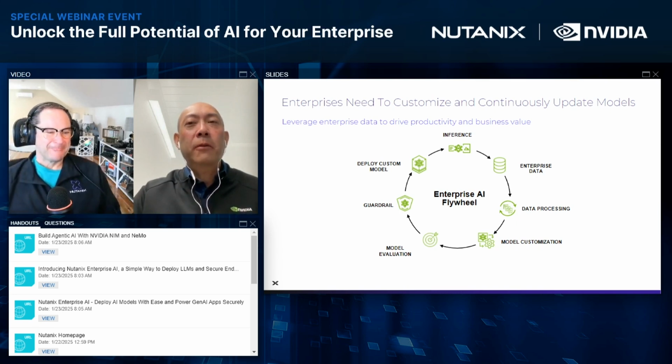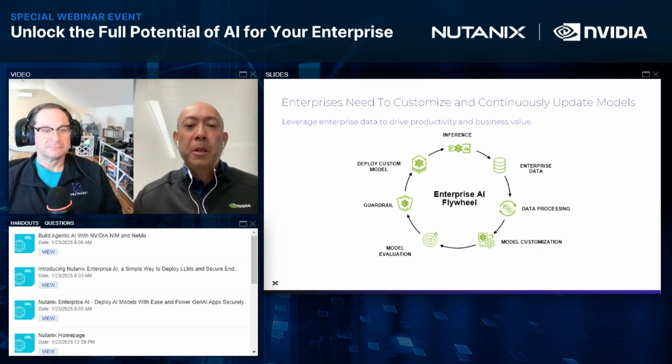But before I hand it off to you to tell the audience how it all comes together, I just want to bring this slide up. This is what we call the enterprise AI flywheel, and the idea is AI is a virtuous cycle. It's not a one thing where you develop it and that's it, you deploy it, right?